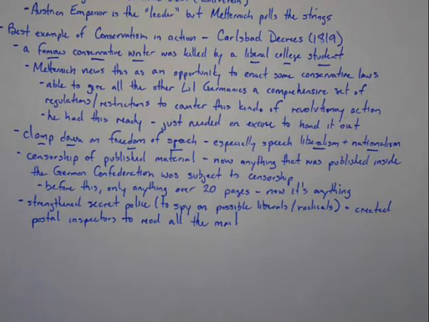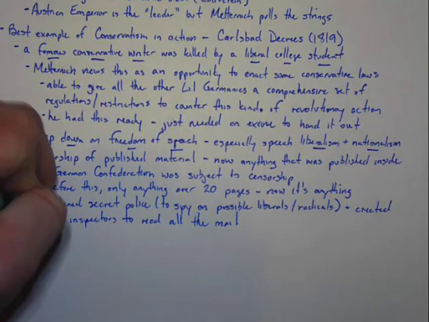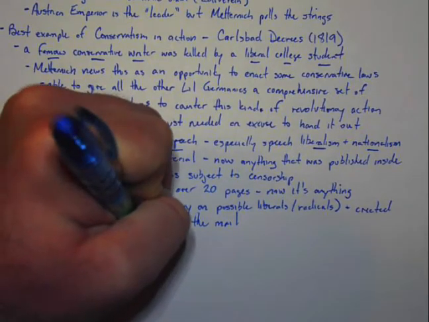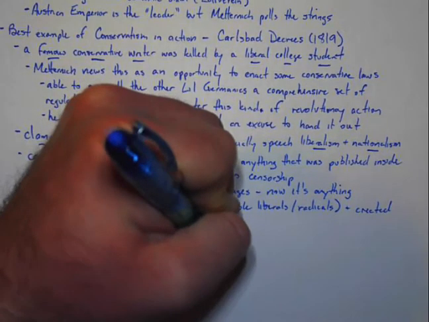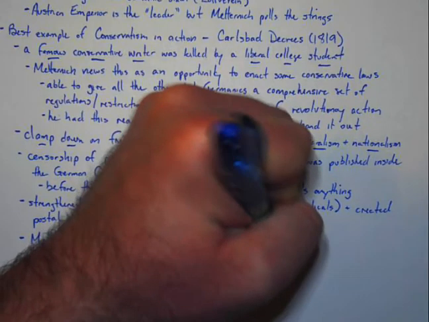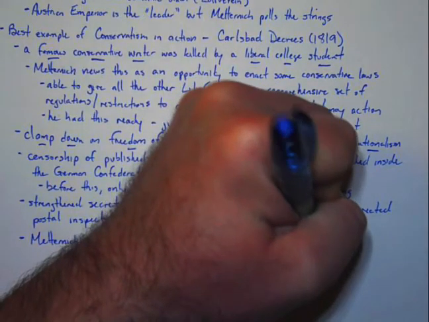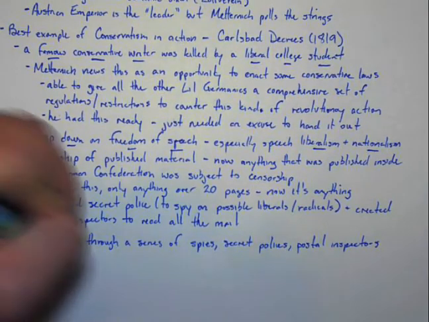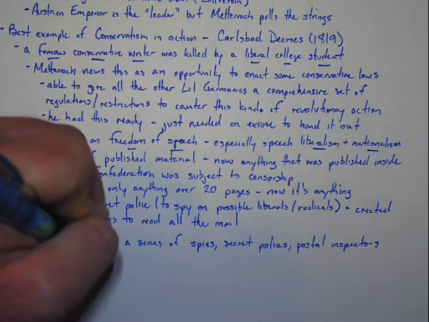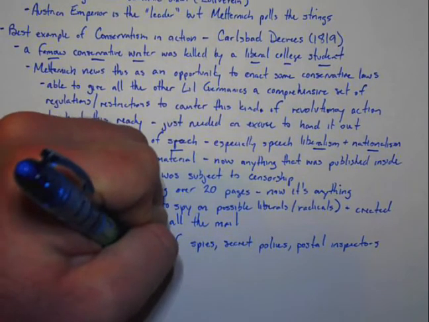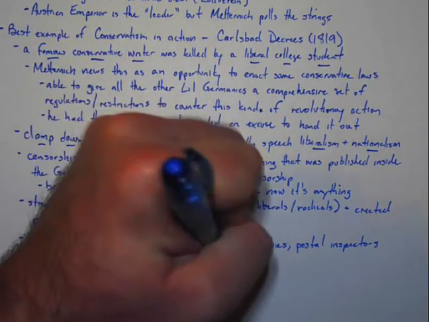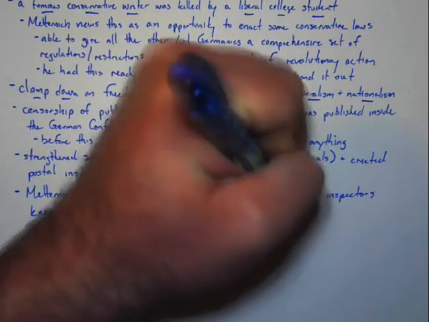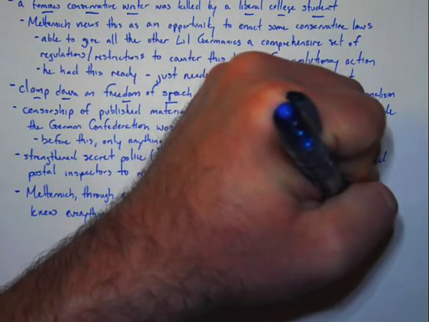So the big effect of all of this was that Metternich, through a series of spies and secret police officers and postal inspectors, knew just about everything happening in the German Confederation, with the idea being that they could stop any rebellion before it started.